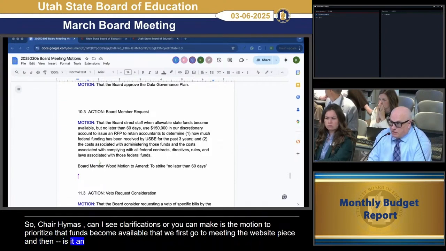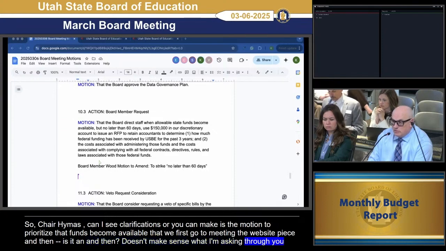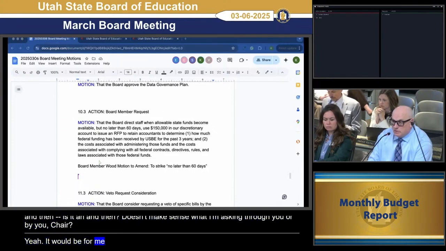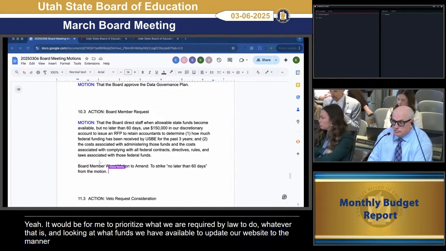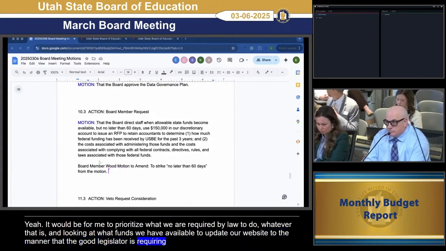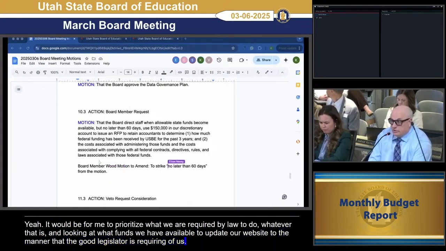Yeah, it would be for me to prioritize what we are required by law to do, whatever that is, and looking at what funds we have available to update our website in the manner that the good legislator is requiring of us. Okay, thank you, that helps. So it is feasible.